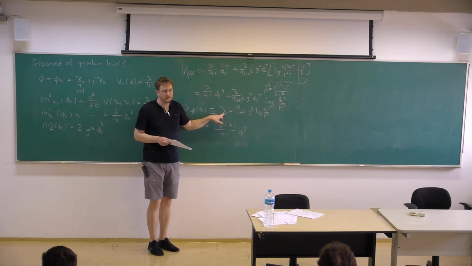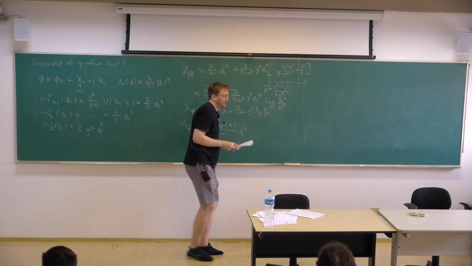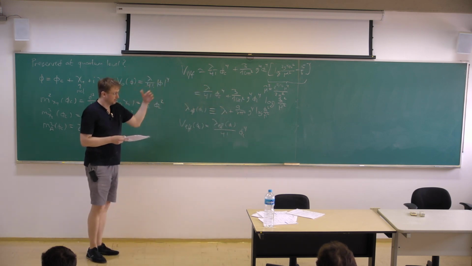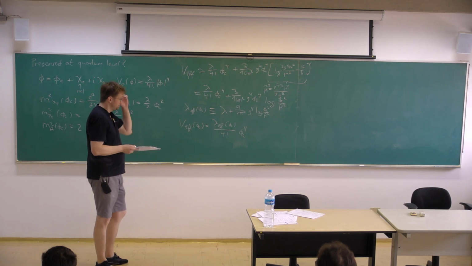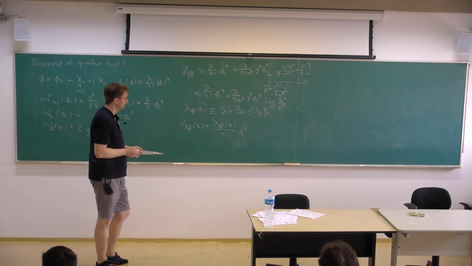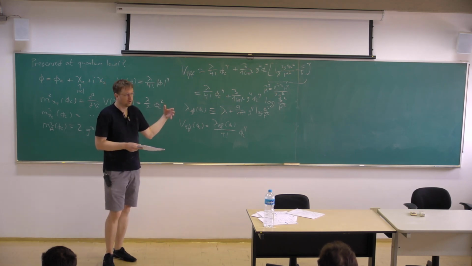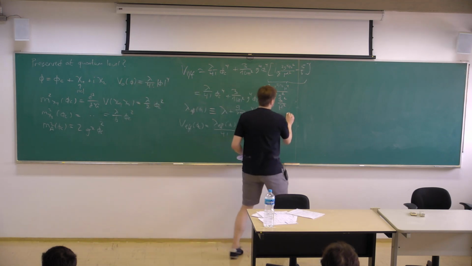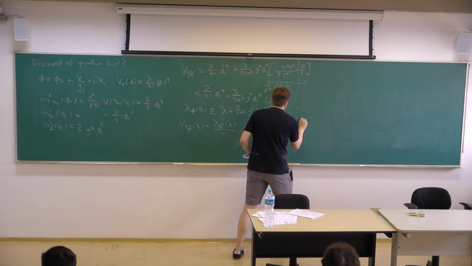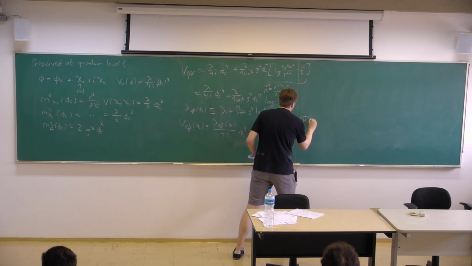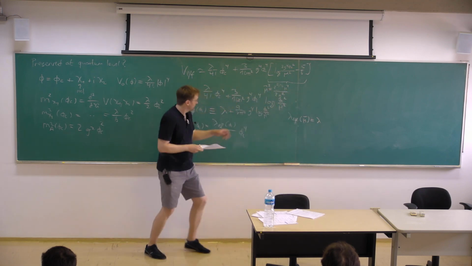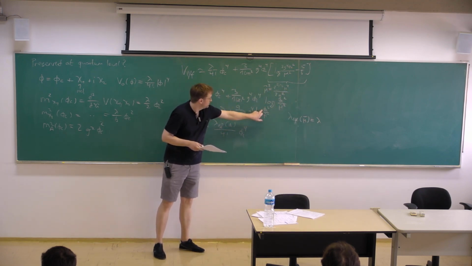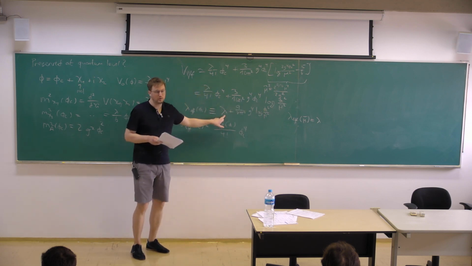Like in the other example, it's the RG scale where I define my coupling. So lambda effective of mu tilde is equal to lambda. If I set phi_c to mu tilde, this log is 0, and I just get lambda.